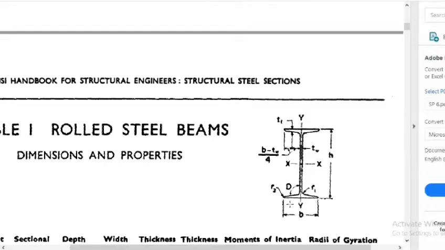The width of the flanges is given as BF, or we can also write it as B. The overall depth of this I-beam is H. The thickness of the flange is measured here. This is the average thickness and it is annotated as TF, and the thickness of web is TW. This is the root radius, which is given as R1. Very simple.